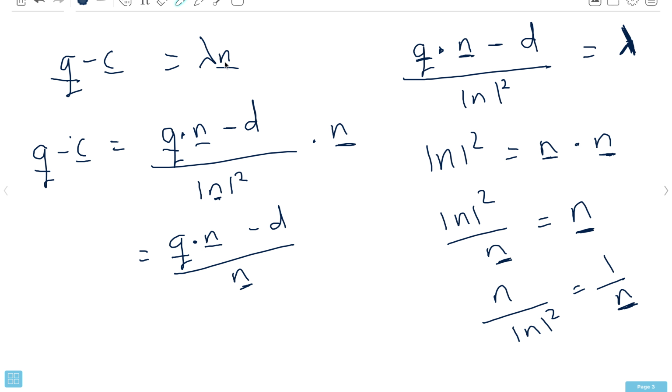So this n came from there, and this lambda we figured out, so Q minus C is equal to this.